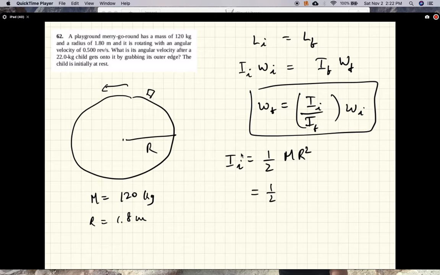So this is one half of 120 kg times 1.8 meters squared, and this is equal to 194.4 kg meters squared.